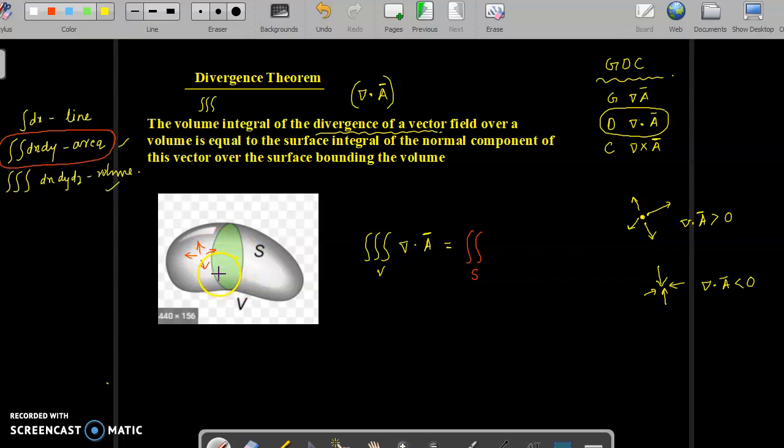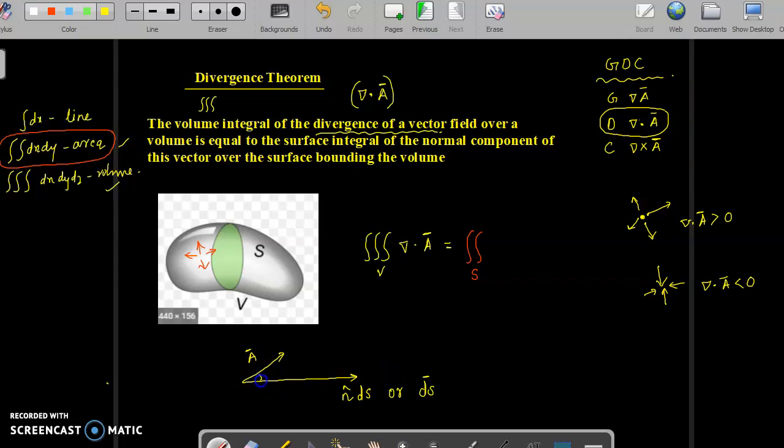If you take the normal component of the vector to the surface, let us take that this is vector A. The surface is this one, that is n cap ds, or it can be represented as ds vector.